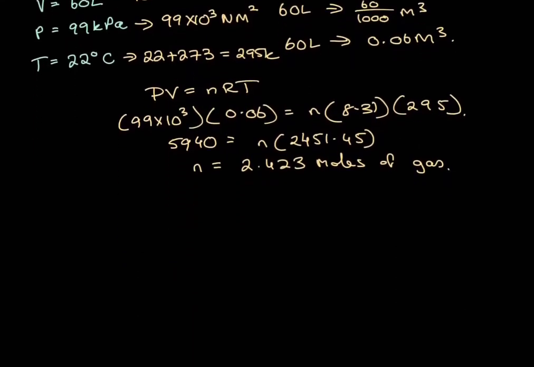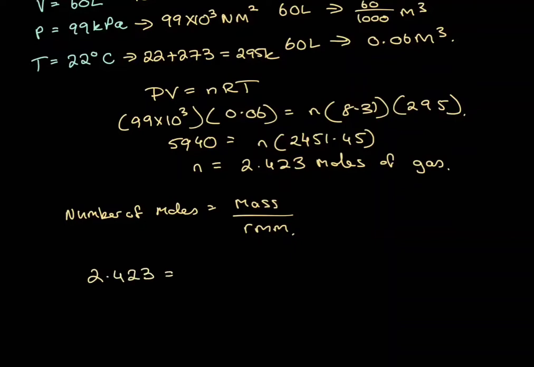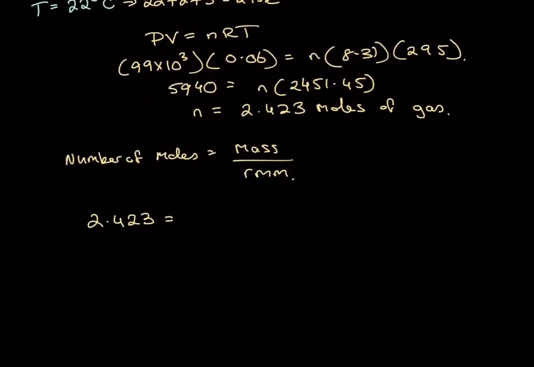Now go back to number of moles equals the mass over the relative molecular mass, and it's the relative molecular mass we want to get. The mass was 4.85. With a bit of rearranging, you're going to get the relative molecular mass to be 2 grams, rounded to the nearest whole number.